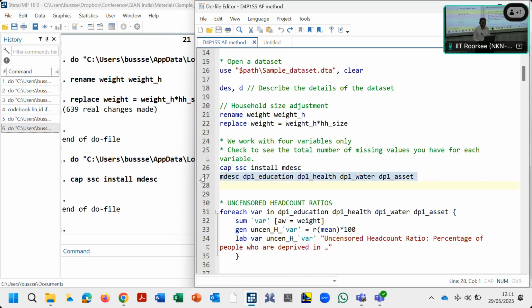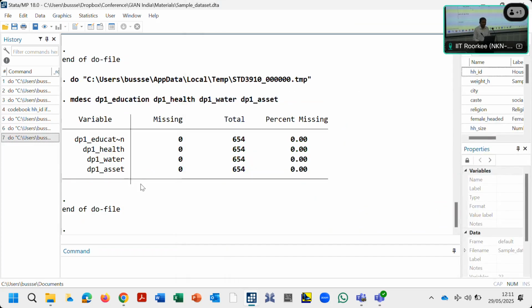Then if you run the next line, Control D, it is telling me there are no missing observations. You all have the do file, right? Okay, good. So did it run in your computer? You could see that there are no missing values. So that means I'm happy to proceed. If there are missing values, of course, you have to deal with it, because you cannot use missing values, right? You have to drop these observations.